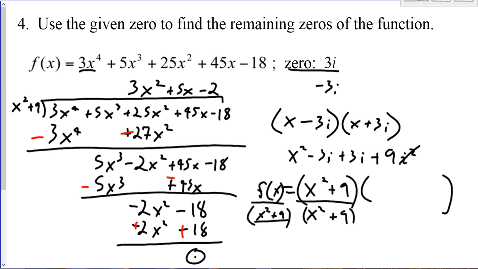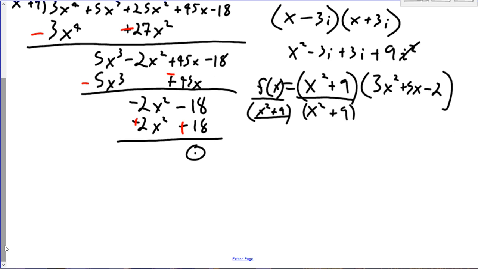So over here, I get 3x squared plus 5x minus 2. Now we need to factor this. This one should factor out nicely. If I look at this, a times c is negative 6, and to add to 5, I get 6 and negative 1.